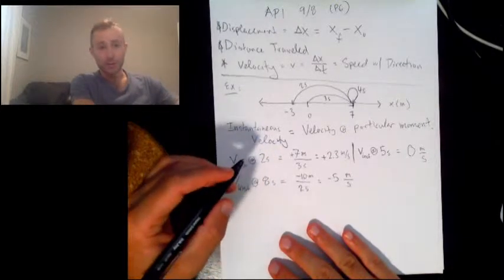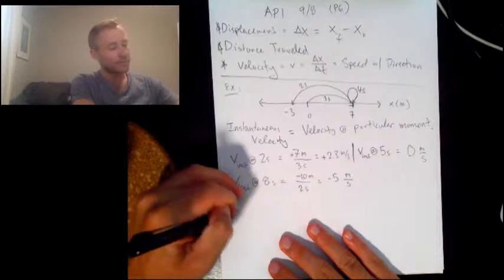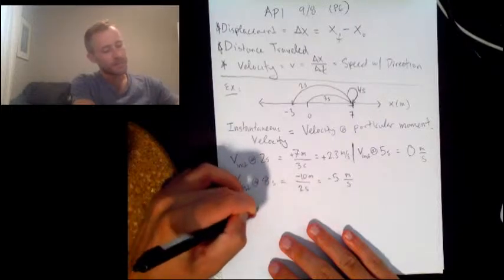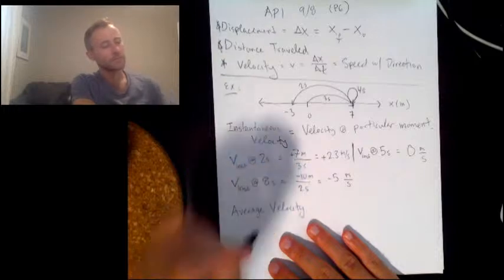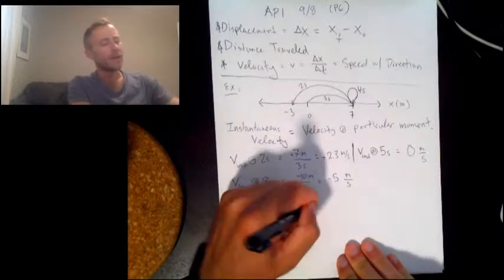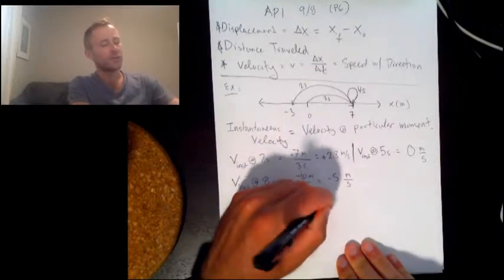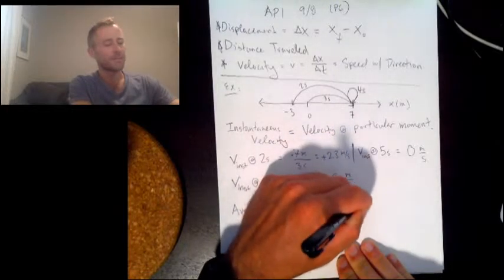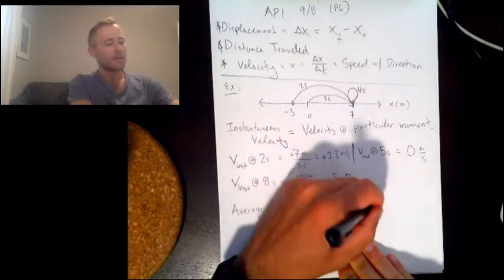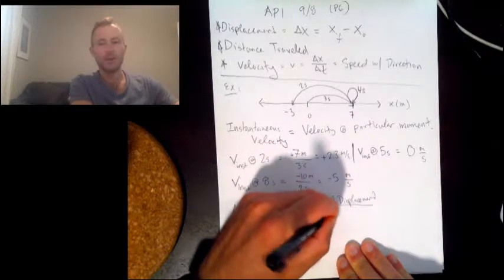But then we could also talk about average velocity. Okay, average velocity is your total displacement over the total time elapsed.